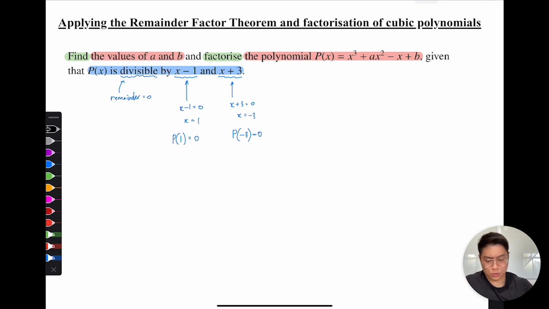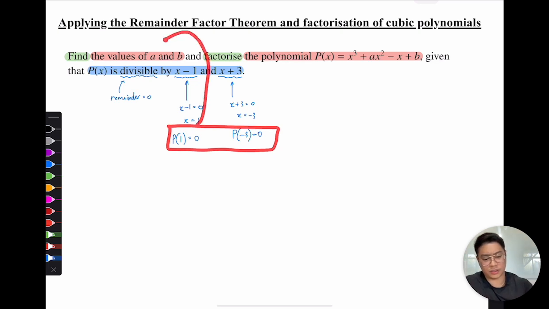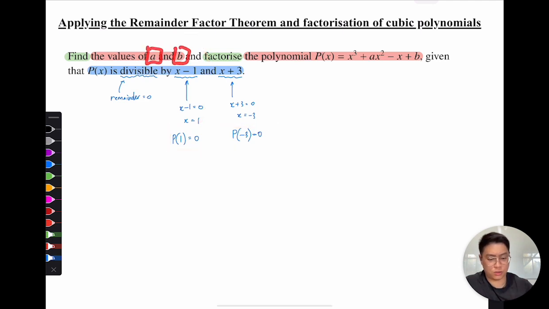Now we've got those two pieces of information there. These two pieces of information will help us find the values of a and b. The reason being is because if we have two variables, then we need two pieces of information in order to find out what our variables are. So let's start off by substituting in p of 1 equals 0 into our equation at the top.